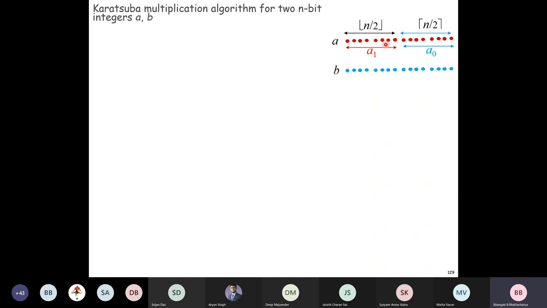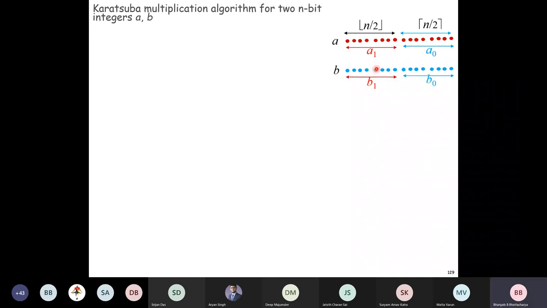If we look into this bit string, this represents a number, right? Just consider this half of this bit string. This represents a binary number, right? Let this number be denoted as a1, and let this number be denoted as a0.